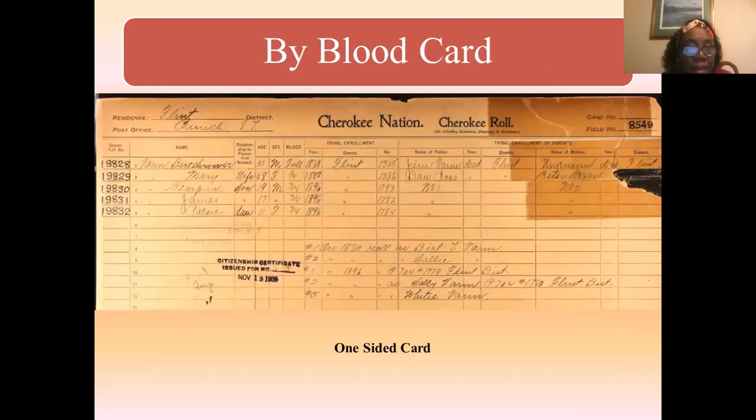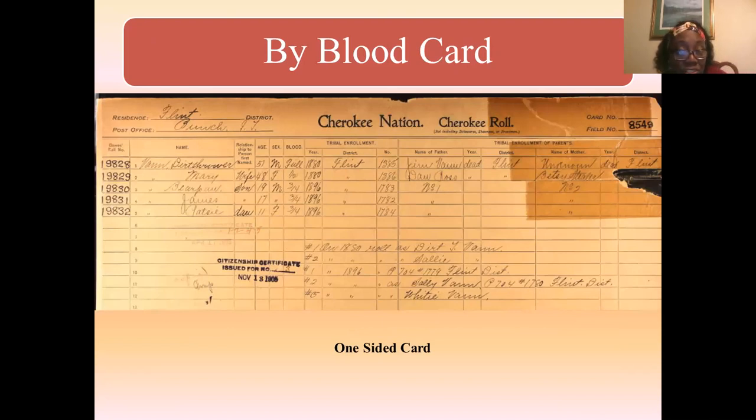So let's take a look. Now, in this case, we see the case here of Dirt Thrower Vann, who lived in the Flint District in the Cherokee Nation. This is a by blood card.